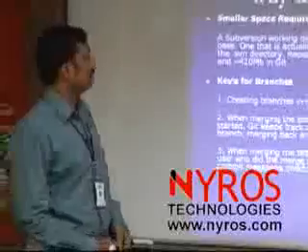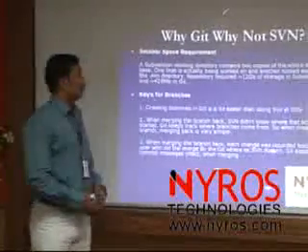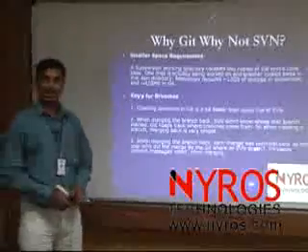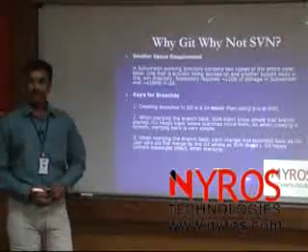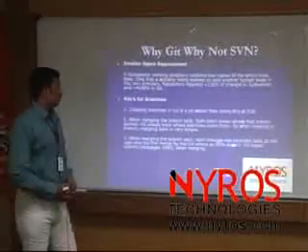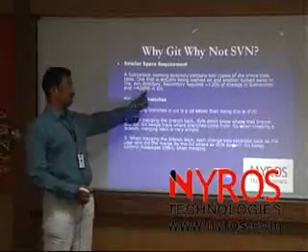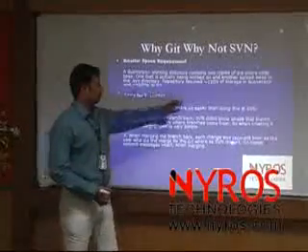Next, smaller space requirement. It is the main reason we are going to git, because nowadays space is very cheap, but even though we have the flexibility, while using git we need only 420 MB, whereas svn needs 12 GB.